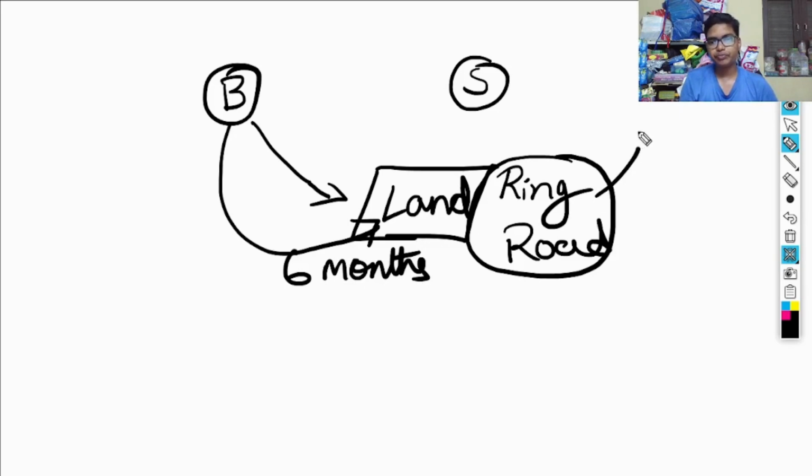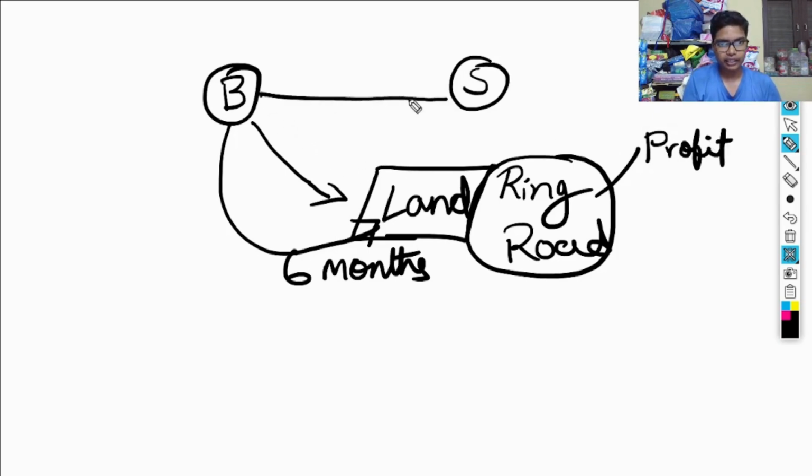There are two possibilities. After 6 months, the ring road may get sanctioned, the market price of the land will go up, and he will earn a profit.